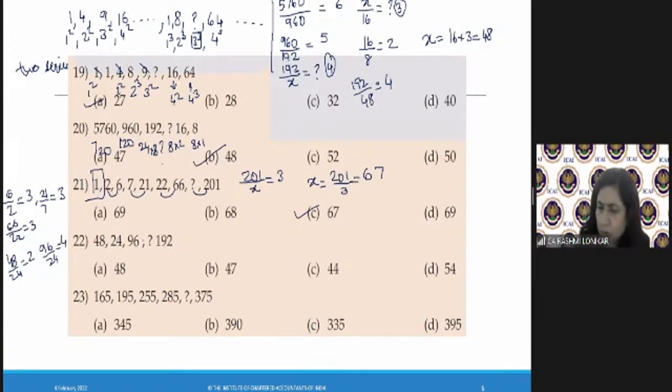And then 192 divided by 96 is how much? 2. 192 divided by 96 is 2.